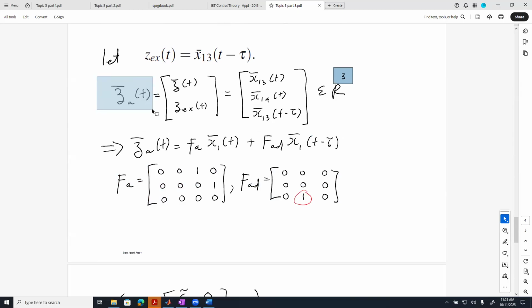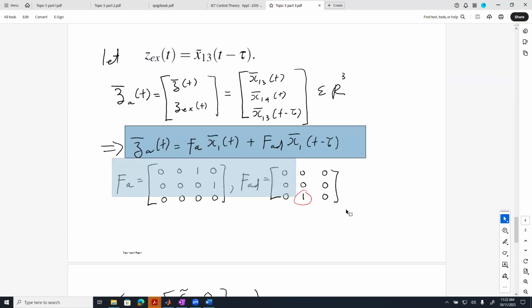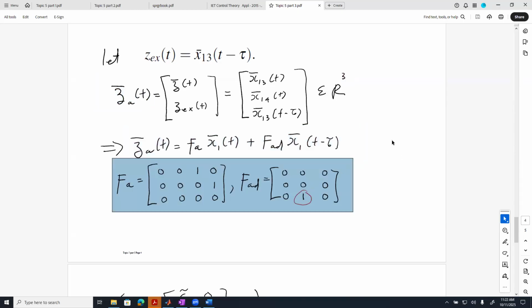So we're going to design a third order generalized functional observer to estimate this generalized functional, which is this one here. As you can see, these two matrices now have dimension of 3 by 4 and 3 by 4. Okay, so what we do, we say, no problem at all.